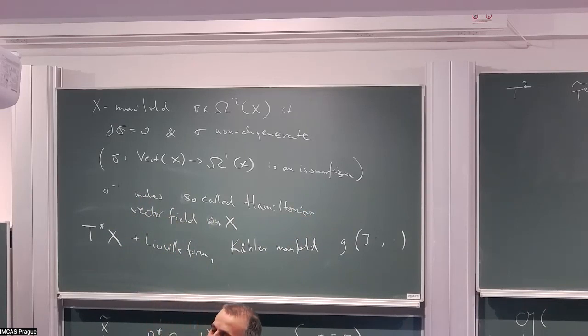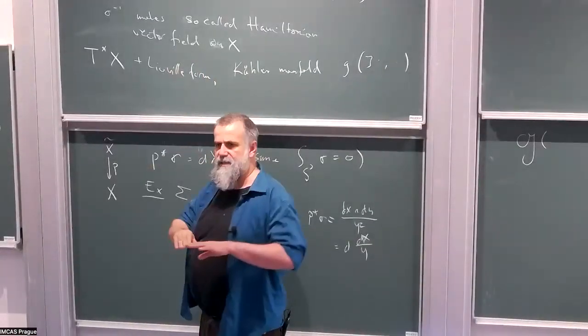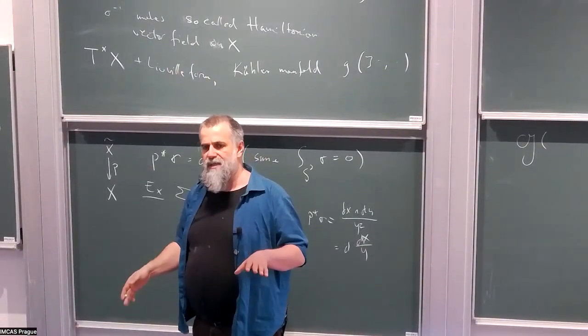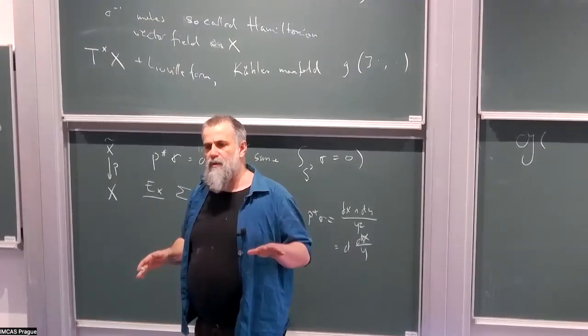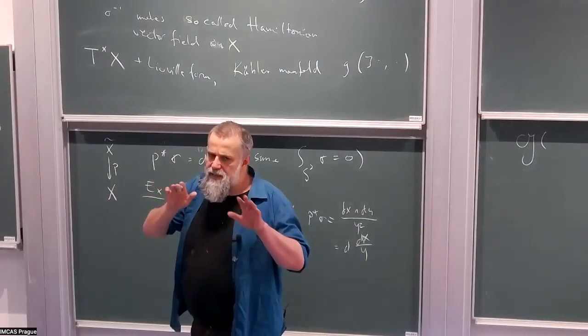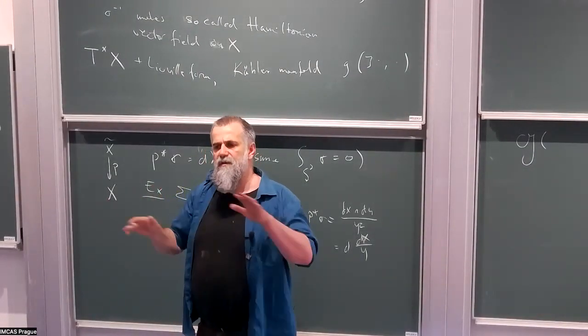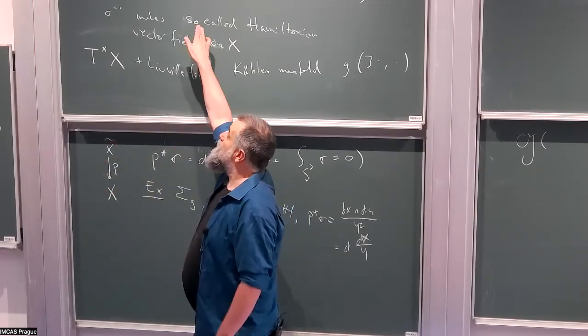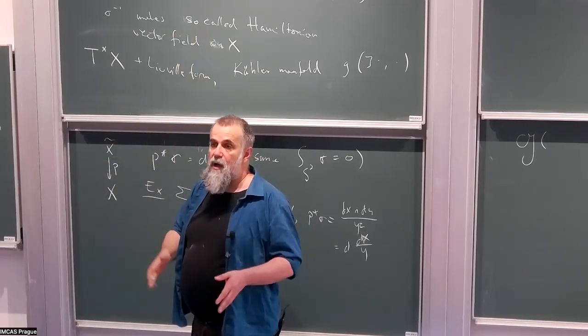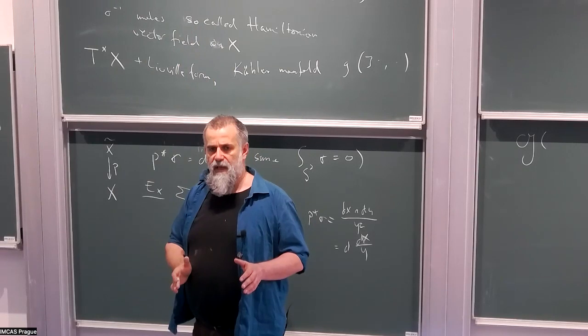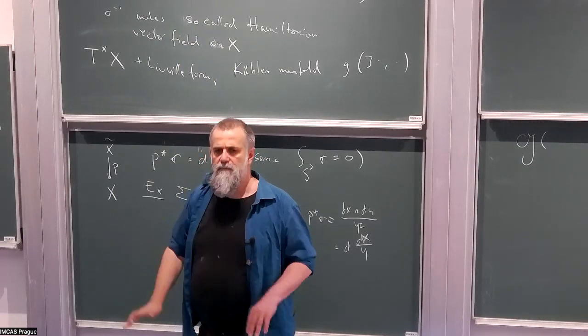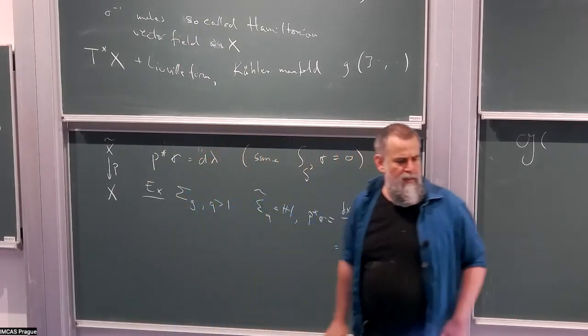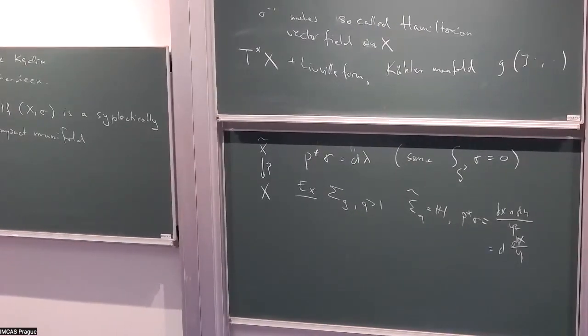Because here everything is connected, I study flows, so I'm staying in the same connected component. So there is a little discrepancy between Hamiltonian diffeomorphisms and those diffeomorphisms preserving sigma which are in the connected component of identity. There is a difference, but let's not concentrate on this.